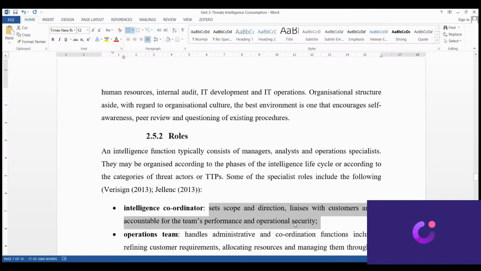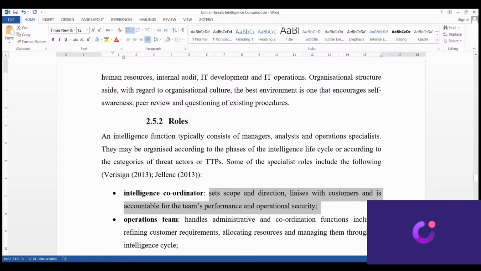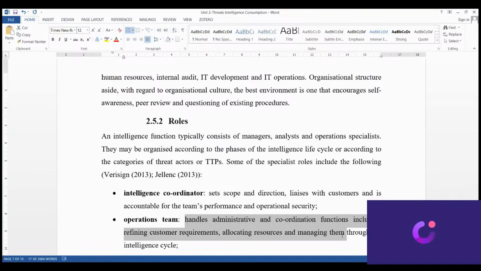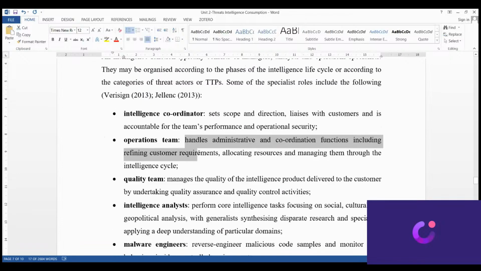It's basically there to coordinate and provide the scope and direction that the department or the organization must follow. Then the operations team handles administrative and coordination functions, including refining customer requirements, allocating resources, and managing them through the intelligence cycle. Okay, so these are the functions associated with the operations team.